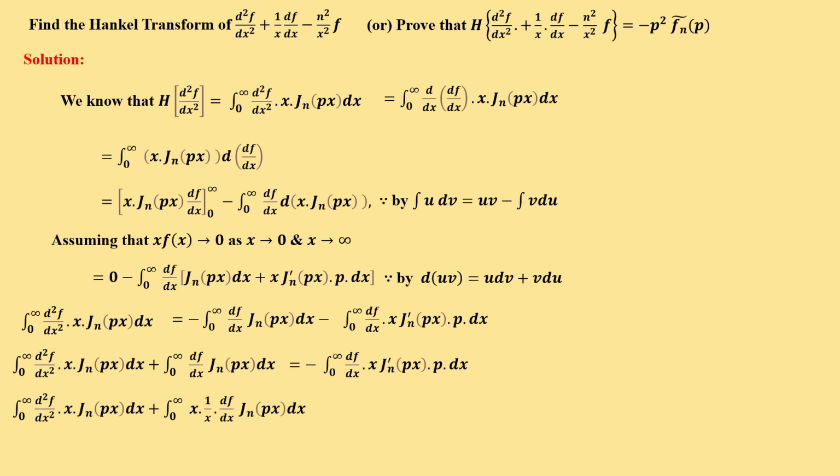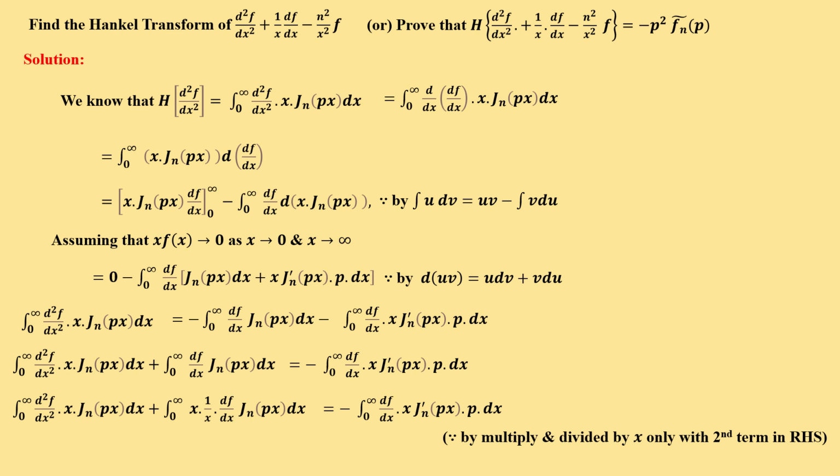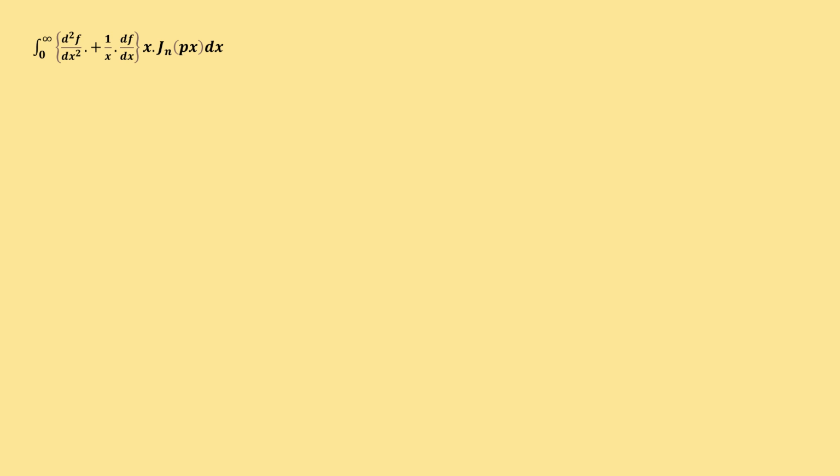We are multiplying and dividing by x, that is x times 1/x. So the integral from 0 to infinity of d²f/dx² plus (1/x) df/dx, grouping into one integral with common term x Jₙ(px) dx, is equal to minus p, as p is a constant, times the integral from 0 to infinity of df/dx x Jₙ'(px) dx.